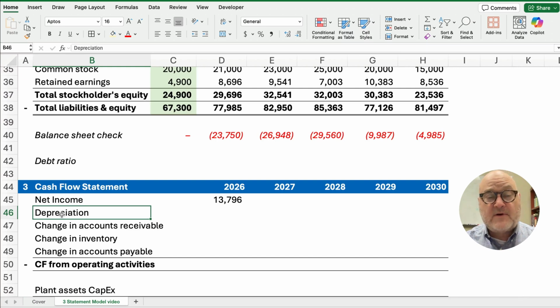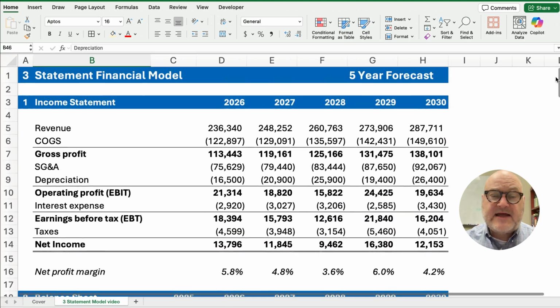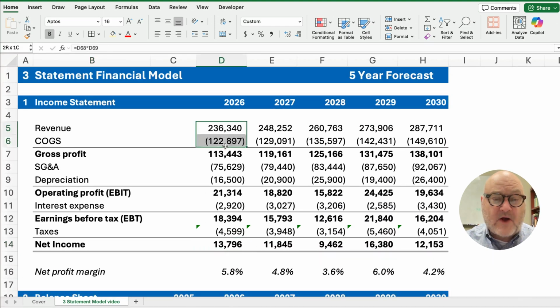One of the first things we do is depreciation, remember, is a non-cash expense. So therefore, we're going to have to add it back. Remember, if we look at our income statement, if we take this number, it includes all the numbers above it. It includes a negative amount of depreciation of $16,500, right? Now, was that a check we wrote?